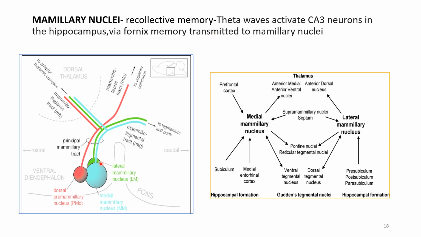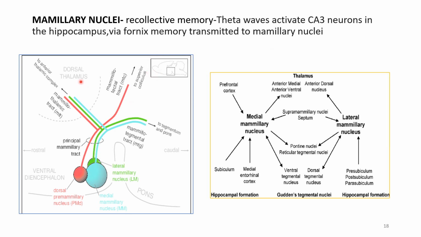So it is important for recollective memory. From where does it get activated? From the theta waves coming from the CA3 neurons which are present in the hippocampus. They will activate these nuclei via the fornix, and this memory is transmitted to the mammillary nuclei.